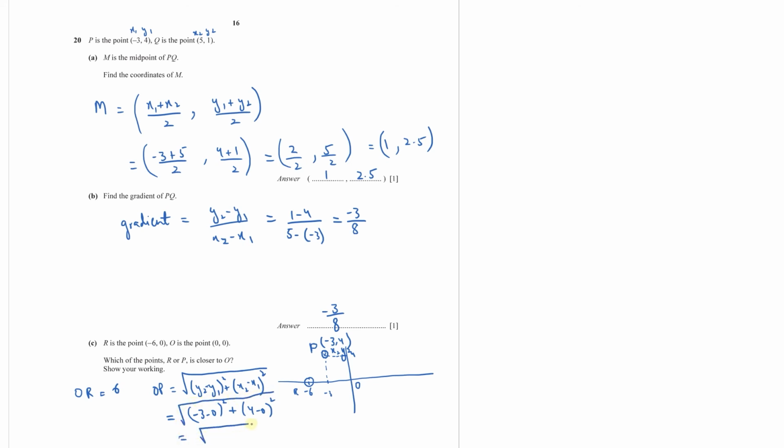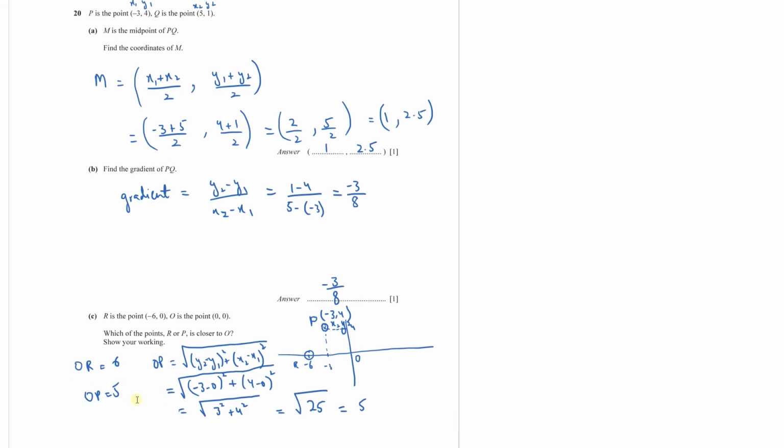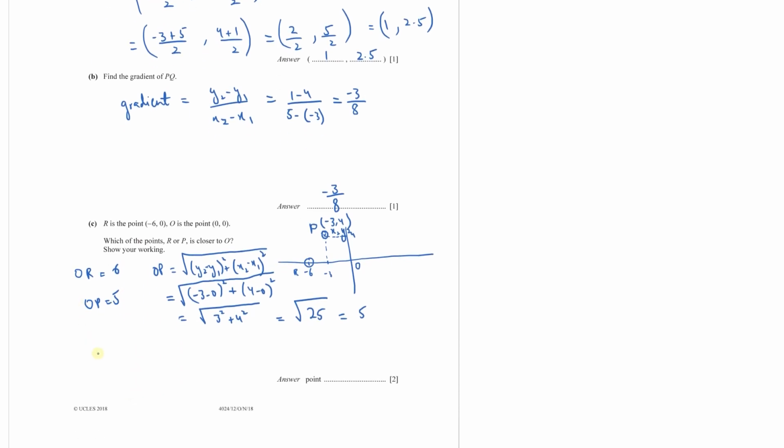This is square root of 3 square plus 4 square, which is square root of 9 plus 16 is 25, which is 5. So OP is equal to 5. So now you can say that point P is closer because this distance OP is less than OR. So P is closer to O.